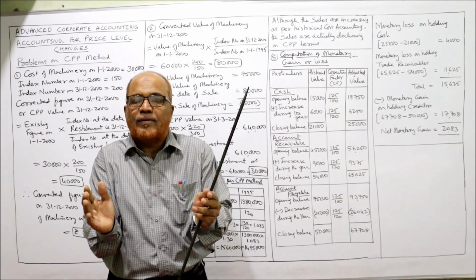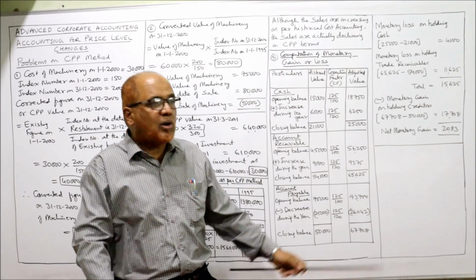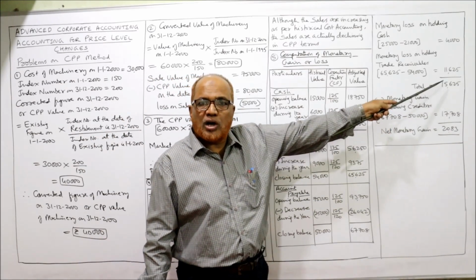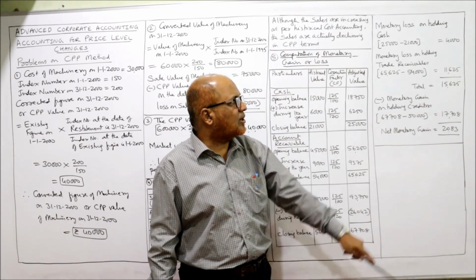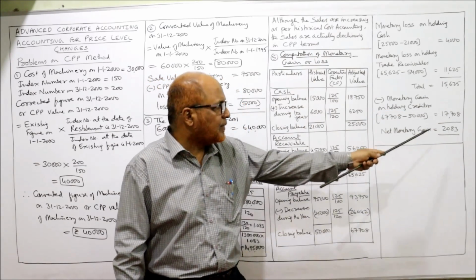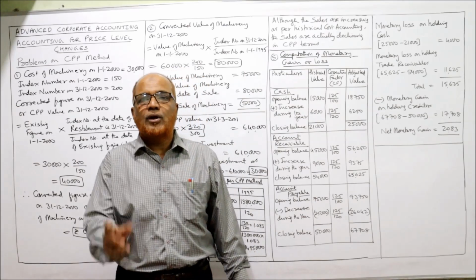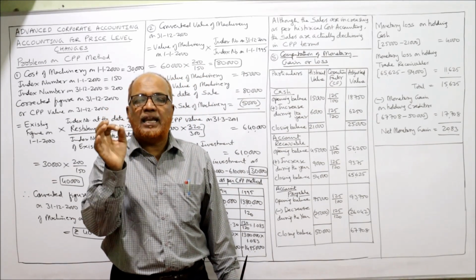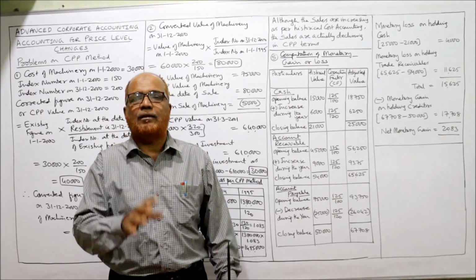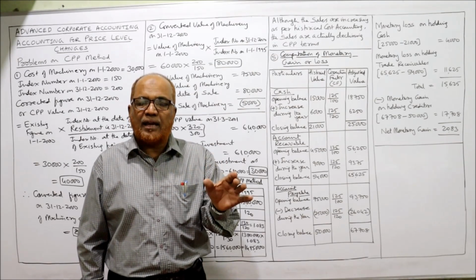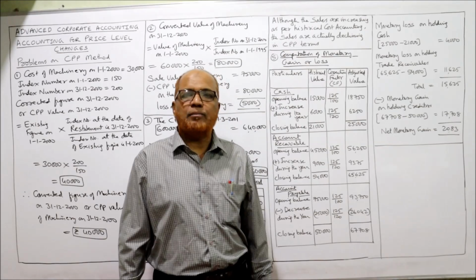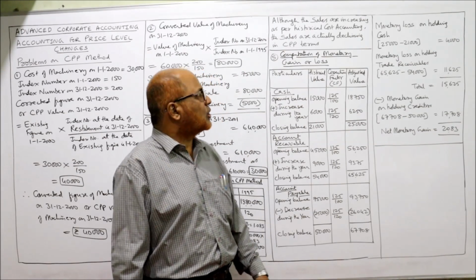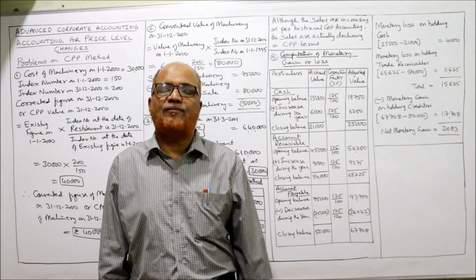If we set off, we are having net gain because gain is more. Loss is less. Gain is more. So 17,708 minus 15,625, 2,083 is the net monetary gain on holding monetary assets and monetary liabilities. So this is the end of problem number 5.